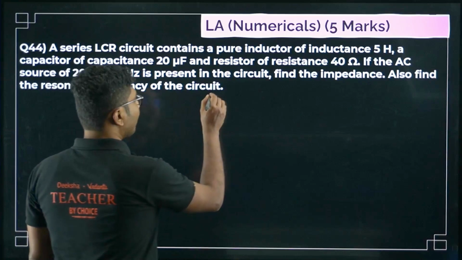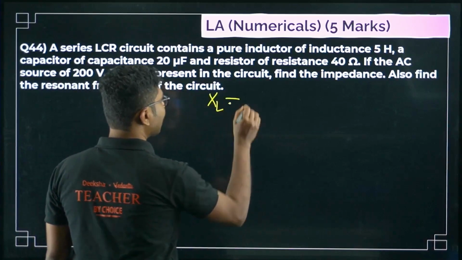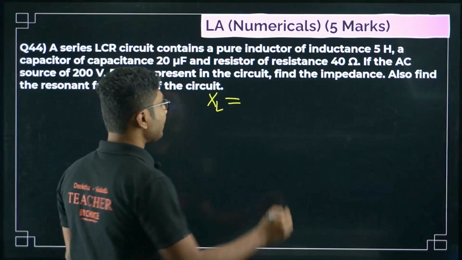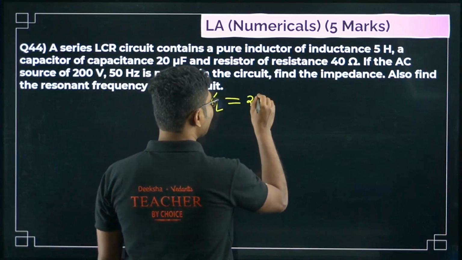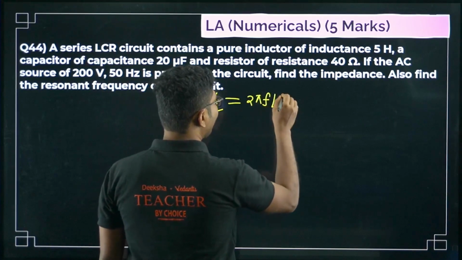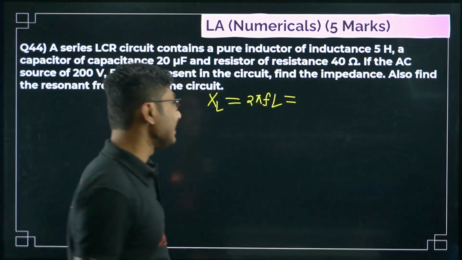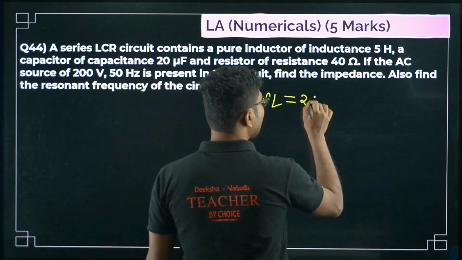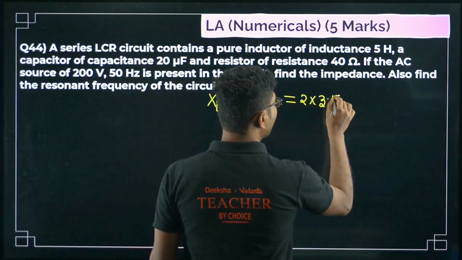So first, methodical means a step by step process. First we will calculate XL. XL is 2 pi F L. The values are not super nice in this case either, but you have your calculators, so you can use a calculator to find it.